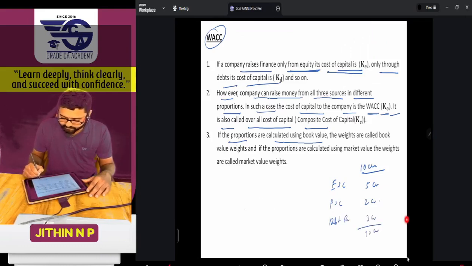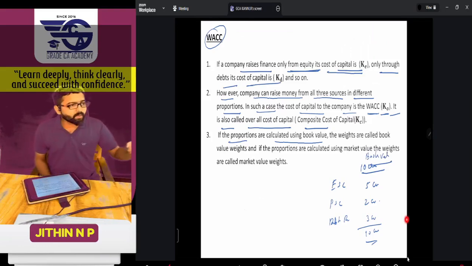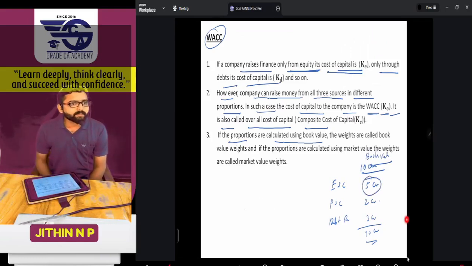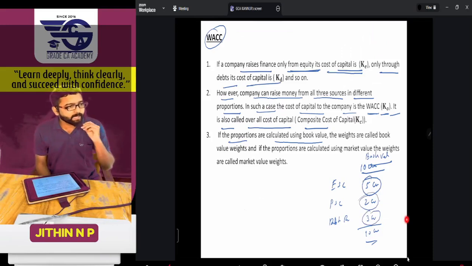This is actually book value. The 5 crore rupees is the book value of equity shares, 2 crore of preference share capital and 3 crore of debt fund.